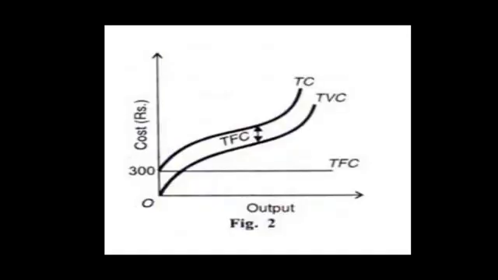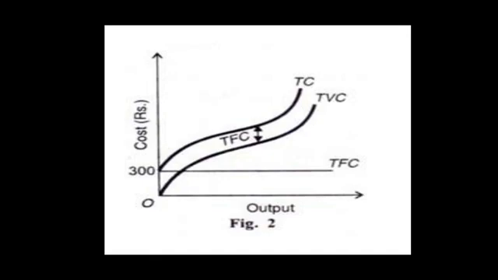This figure here shows the behavior of total fixed cost, total variable cost, and total cost curves simultaneously. TFC curve shows total fixed cost, TVC curve shows total variable cost, and TC curve shows total cost.